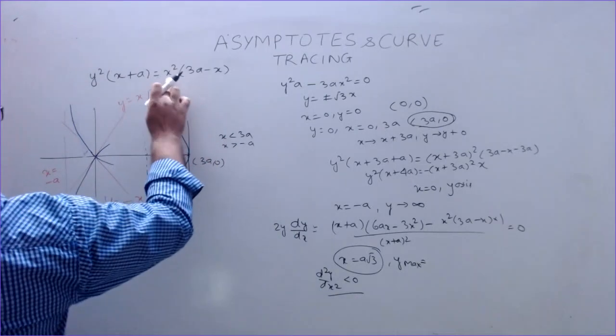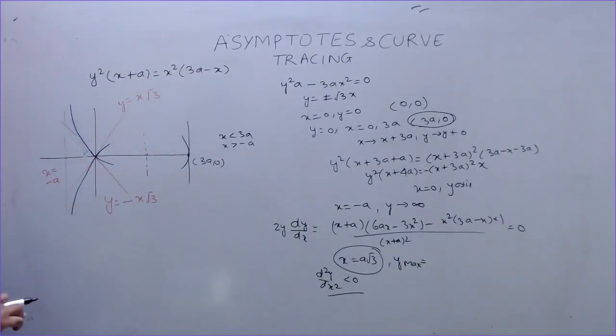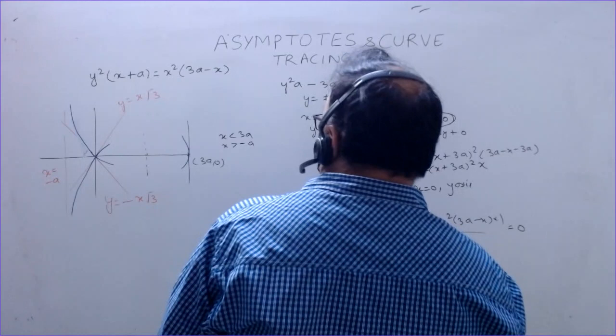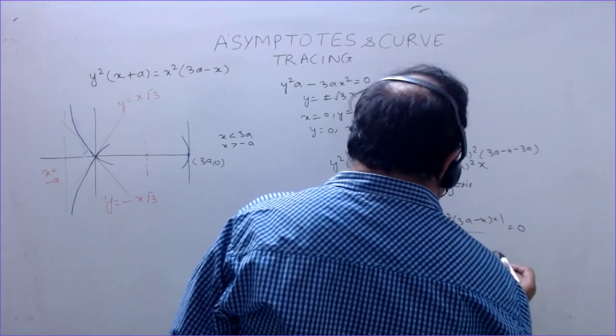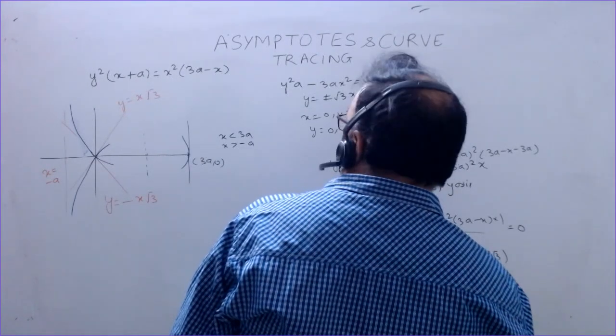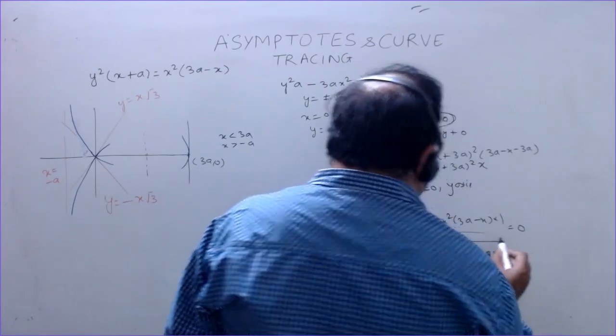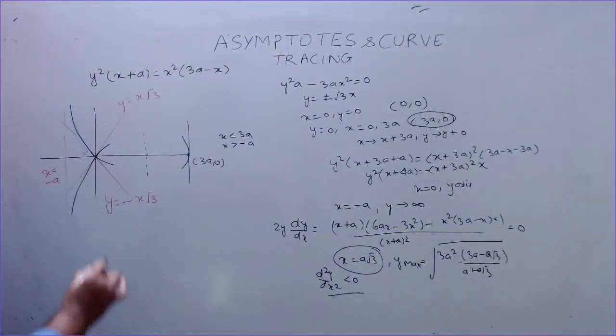If you put the value of x in the equation, the maximum value is minus a root 3 divided by a plus a root 3, under root of this. This will give you the maximum value of y.